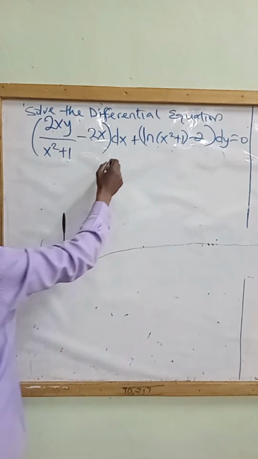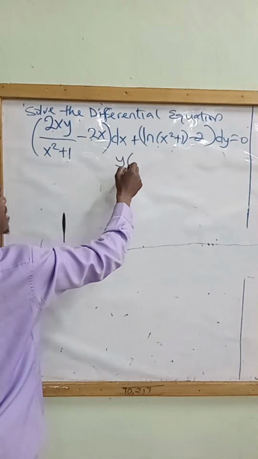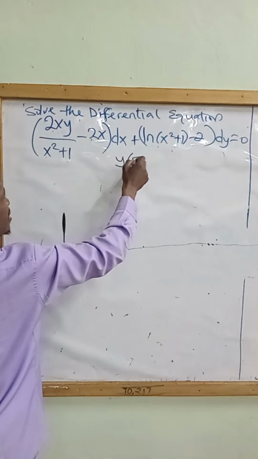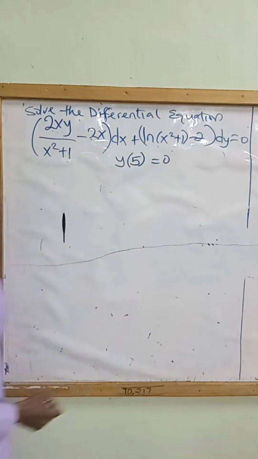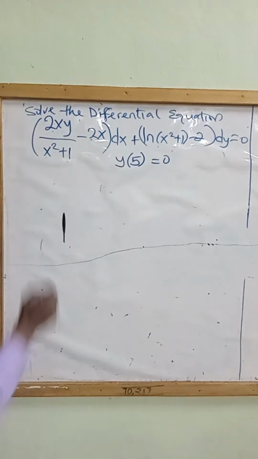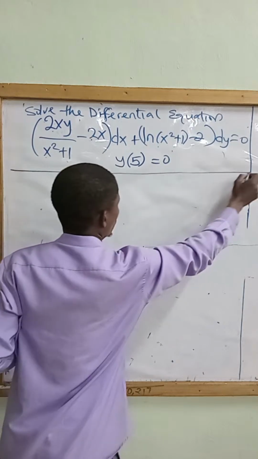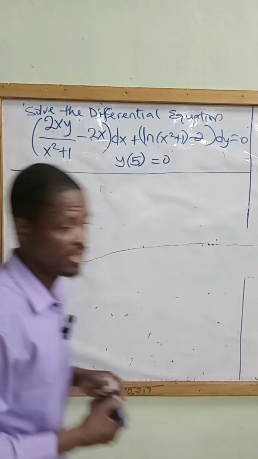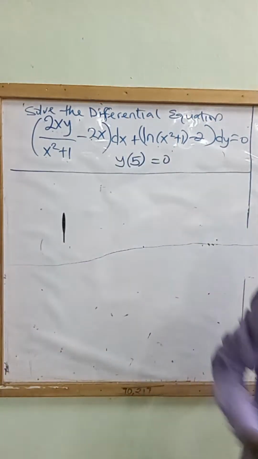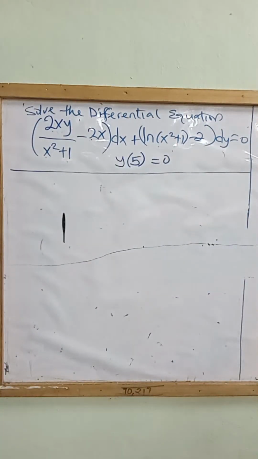We have the condition given as y of 5 equal to 0. So that's what we have in this question, to solve the differential equation. This one also is a first order differential equation.